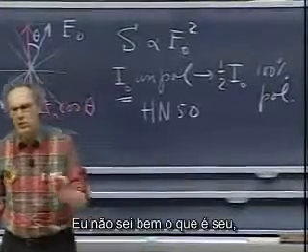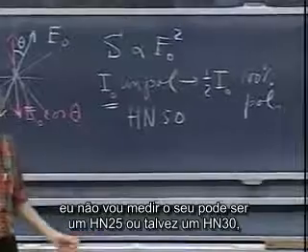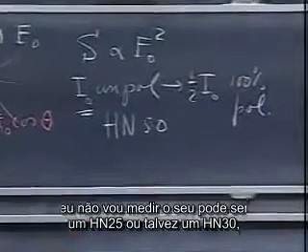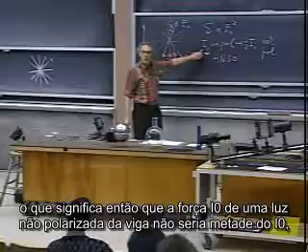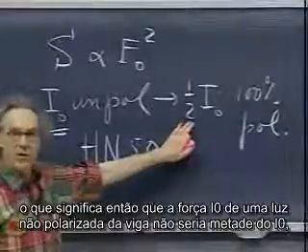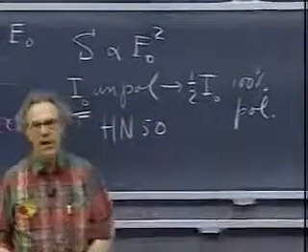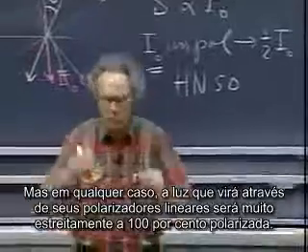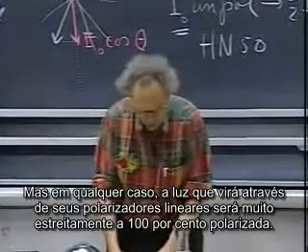I don't quite know what yours is. I didn't measure it. Yours may be an HN25 or maybe an HN30, which would then mean that the strength of an unpolarized beam would not be half of I0, but maybe only 0.25 or 0.3. But in any case, the light that will come through your linear polarizers will be very closely to 100% polarized.